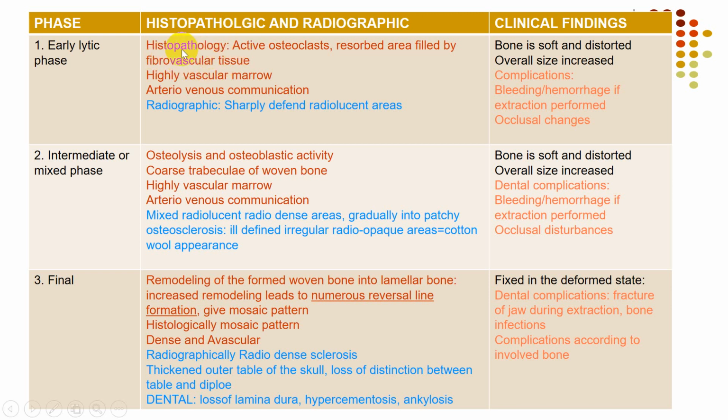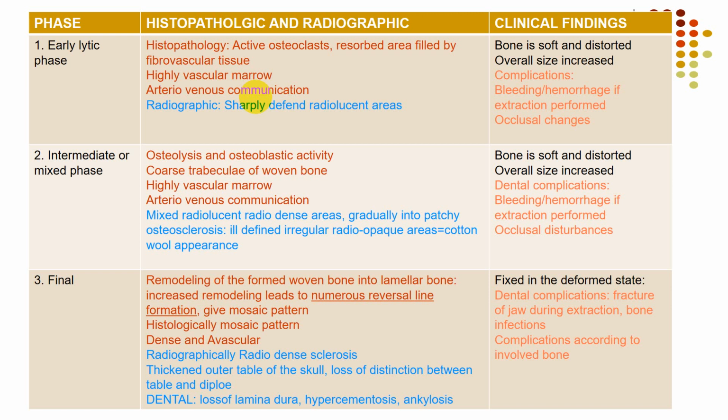Now, the vascular component of the tissue is by itself a big issue in this phase, because this is a highly vascular marrow space or tissue. In this highly vascular marrow, you will find arterial-venous communications. If you remember the AV malformation, a developmental change where we have a thick-walled artery communicating directly with a vein.